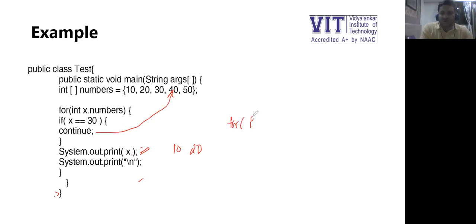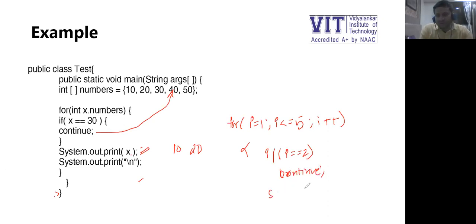Let me give a simple example. For i equal to 1, i less than or equal to 5, i plus plus, if i equals 2, continue, and then System.out.println hello. Now what happens here is i will be 1. Is it equal to 2? No, continue will not get executed.